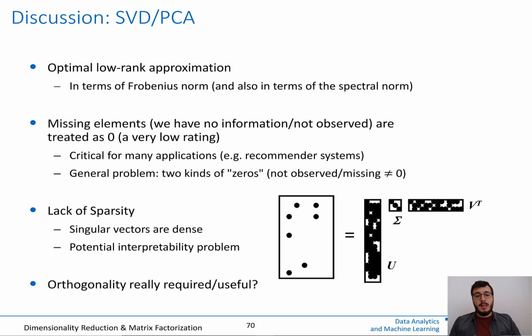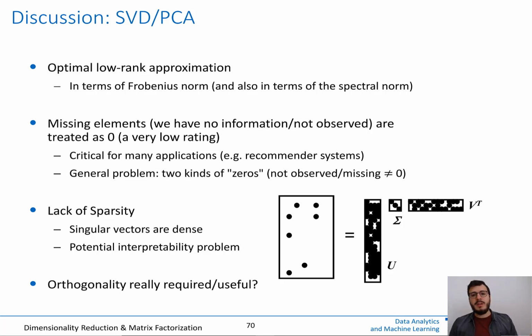So to summarize, even though SVD gives us the optimal low-rank approximation in terms of the Frobenius norm and is at the same time minimizing the RMSE, we don't really want to use it because it cannot handle missing elements. So these are elements which we have not observed, and treating them as 0, which means a very low rating, is not ideal.